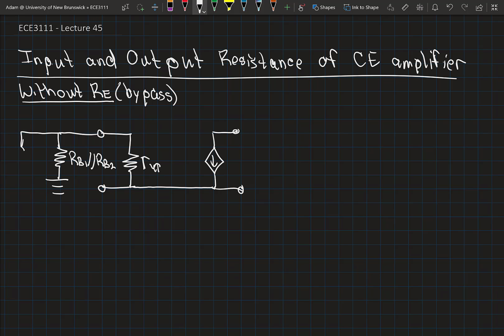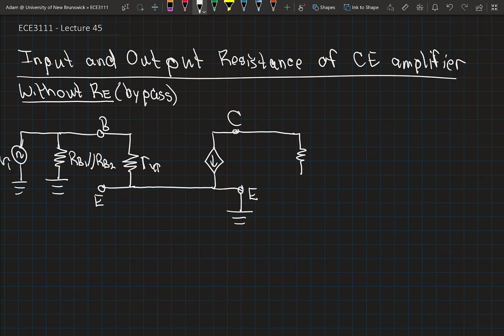Of course I have my small signal input applied. Because my emitter resistor is bypassed, my emitter is connected directly to ground, and my collector we know is connected through a resistor RC.